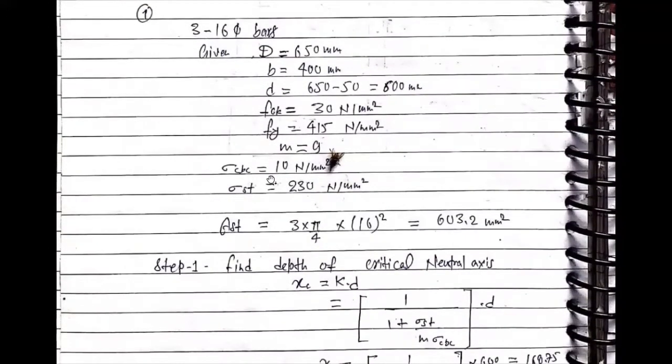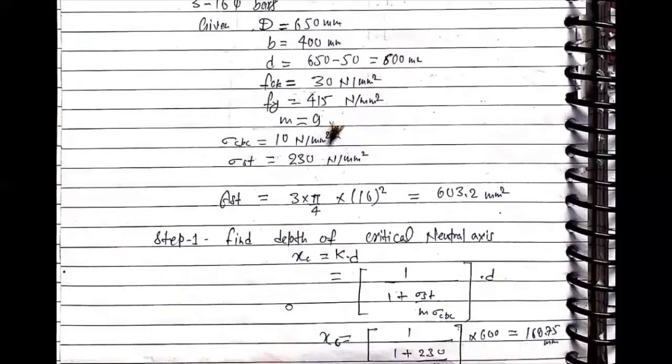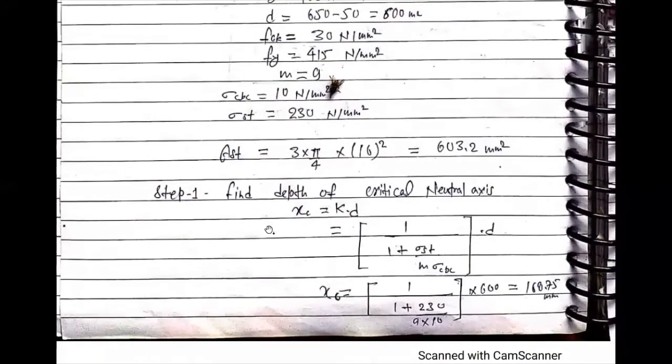Sigma CBC, as we discussed in the previous lectures, comes out to be 10, and sigma ST comes out to be 230 Newton per mm square. Area of steel, because we have 3 bars of 16 mm dia, comes out to be 603.2 mm square. So first step, finding the depth of critical neutral axis.